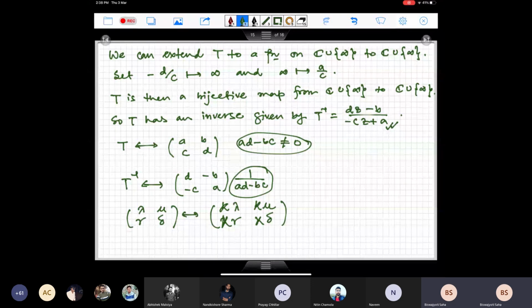These two matrices are going to give you the same Mobius transformation for any kappa not equal to 0, right?